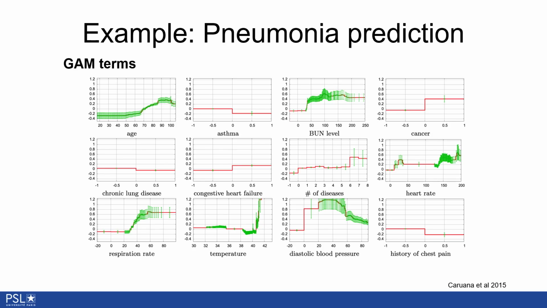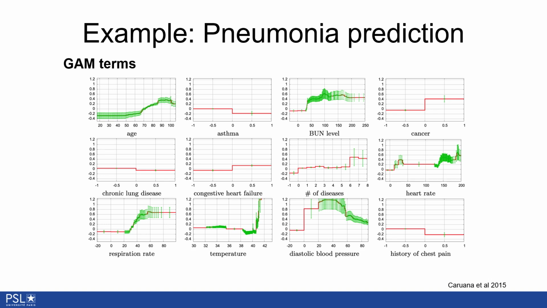How can we interpret the trained generalized additive models? For each feature in the input data, the GAM fits a nonlinear function, which can be shown graphically. This figure shows a set of GAM terms for a subset of features in the data, such as age, asthma, blood urea nitrogen, the presence of cancer, and so on. Each term in the GAM is a nonlinear function of the input feature.